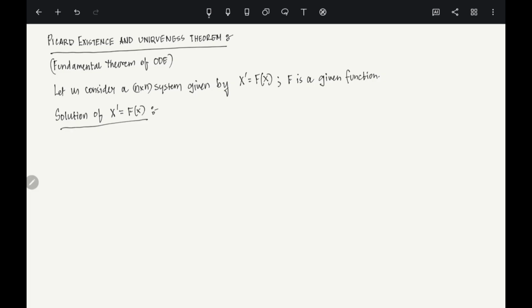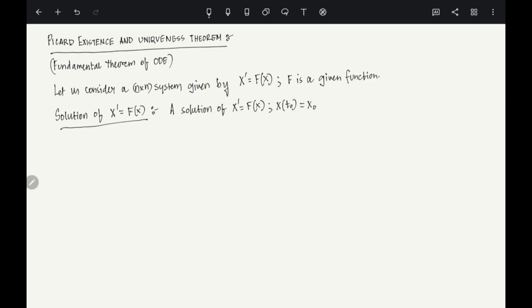A solution of this system, x prime equals f of x, with the initial condition that x at the point t naught is x naught. This is the whole system.